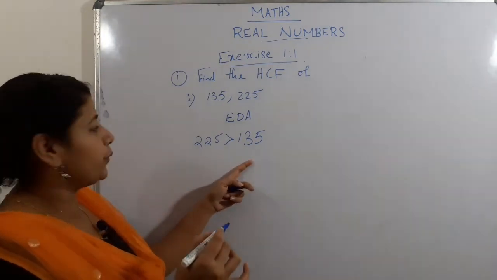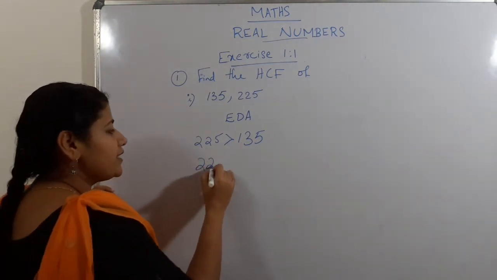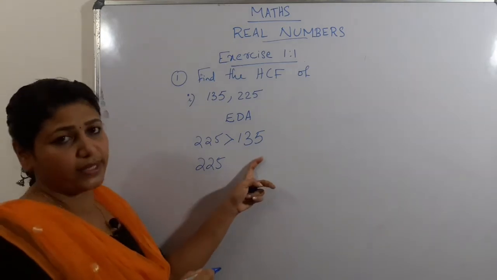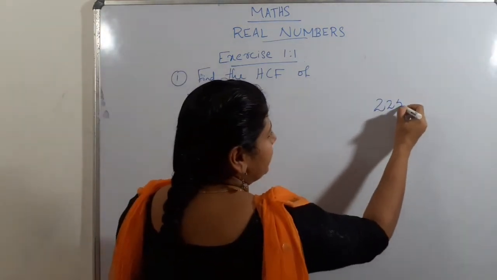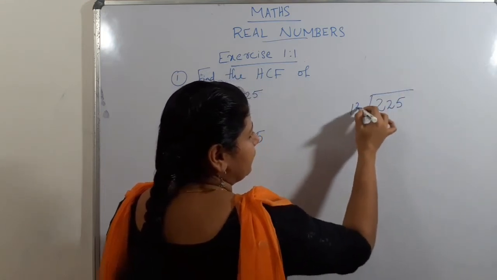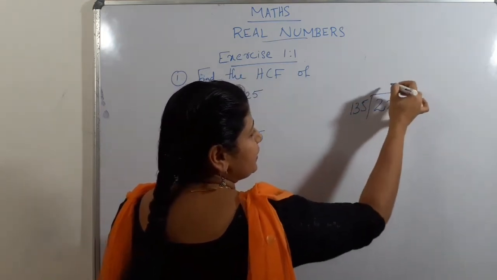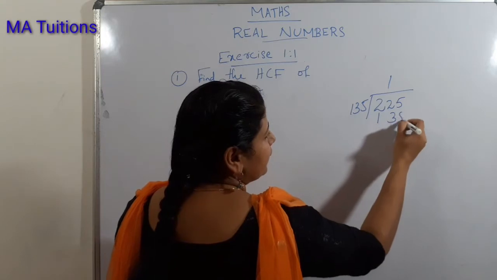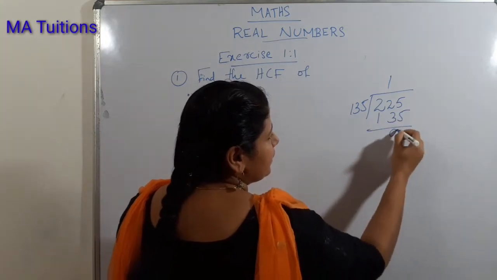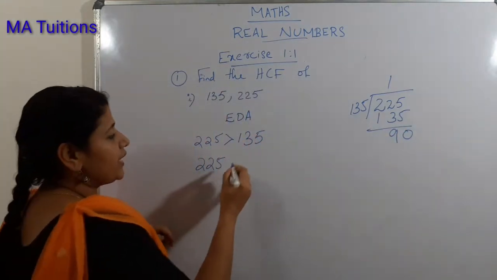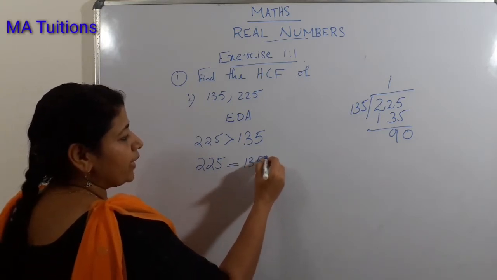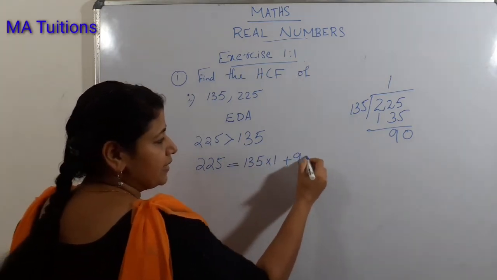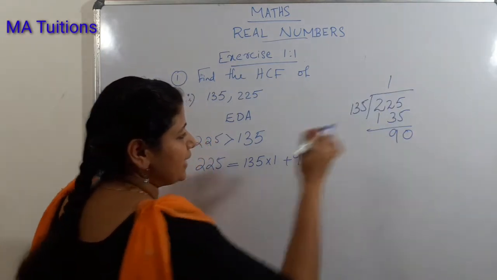So you just divide 225 by 135. You will get quotient 1 and remainder 90. So we can write 225 as 135 into 1 plus 90.